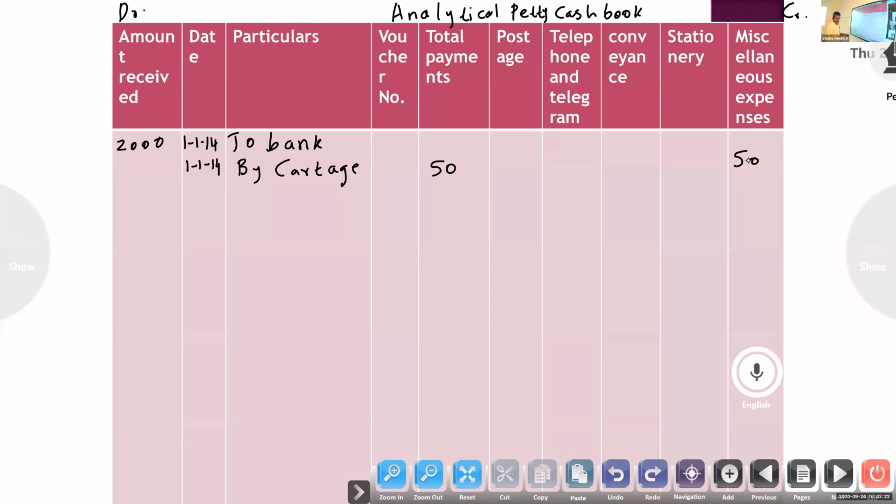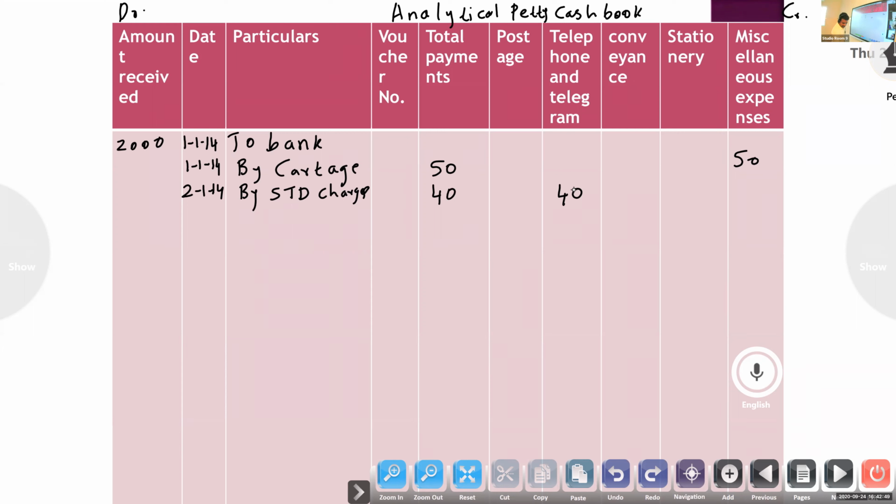Next, second, by STD charges. STD charges, total payment 40. Then which column? Anjo, STD. Telephone and telegram. Yes, telephone.